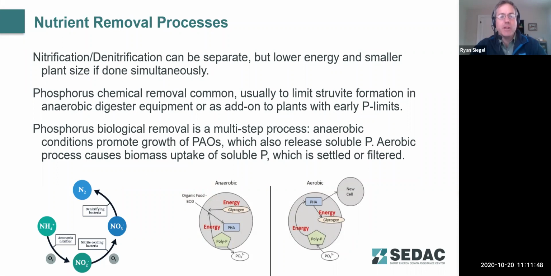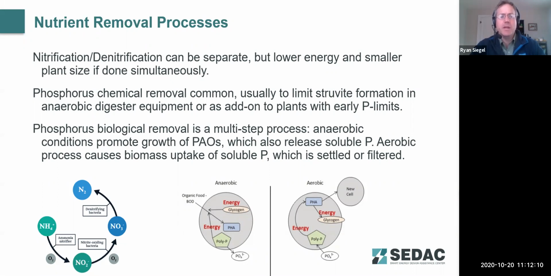Recognizing that nitrification and denitrification is part of our nutrient removal, these can be done as two separate processes, but if they are able to be done in a single process, generally that leads to a much lower energy footprint, as well as a smaller plant physical footprint.